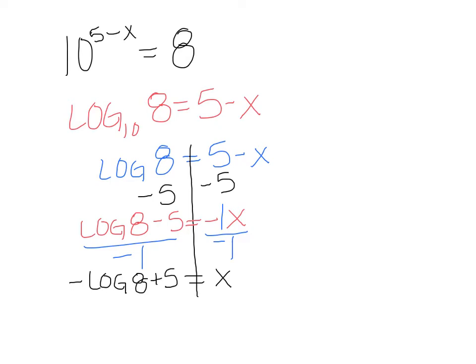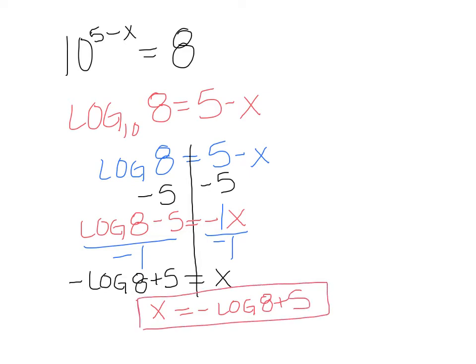So when we leave this in its exact form, we can say that x equals negative log of 8 plus 5. And again, your calculator will give you a decimal approximation if you type that in. Type in the whole thing, negative log of 8 plus 5, and that will get you what the decimal approximation of x is going to be.